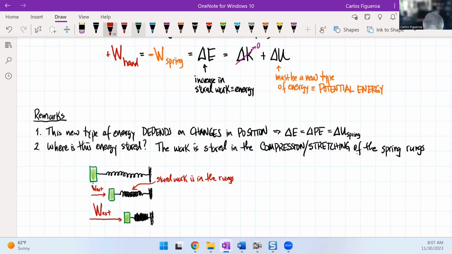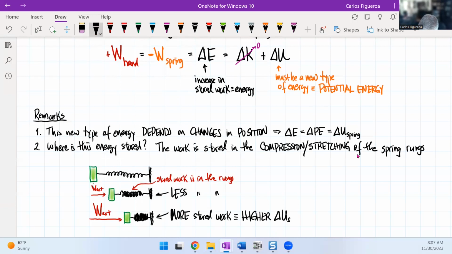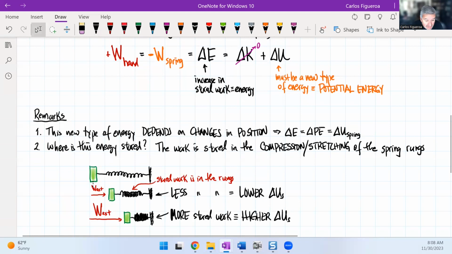So then we say that this spring has more stored work, and therefore it has a higher change in the spring potential. This one here has less stored work, and therefore it has a lower spring potential value. That's what we mean by the springs here.